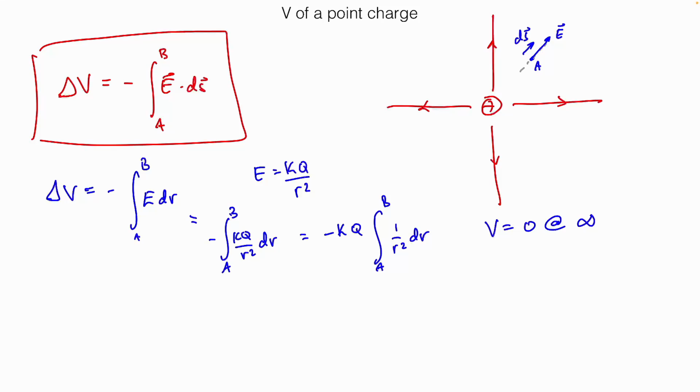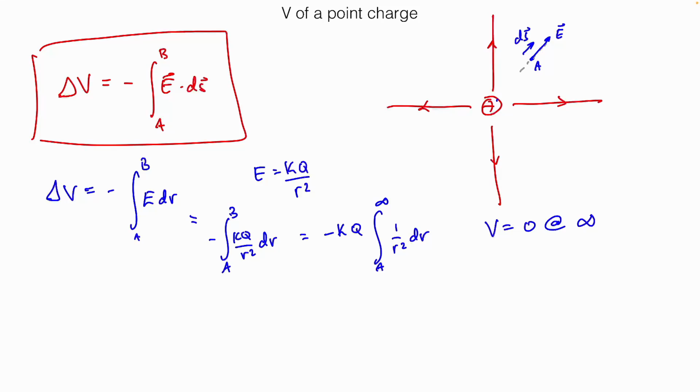And where is 0? Infinitely far away, wherever that is. So my integral is going to go from wherever I am, point A, and head out to infinity.